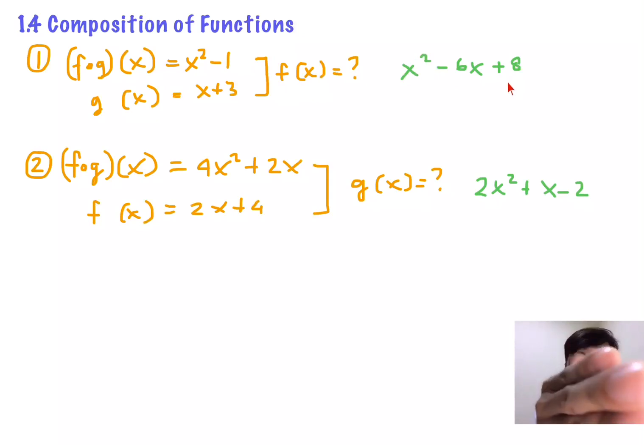Let me give you a clue: this one uses inverse function. But number 2, you don't have to use the inverse function. This is a bit easier than the first one. f of g of x equals 4x squared plus 2x, and you're also given f of x. Find g of x. Using composition of functions, you'll be able to find g of x.